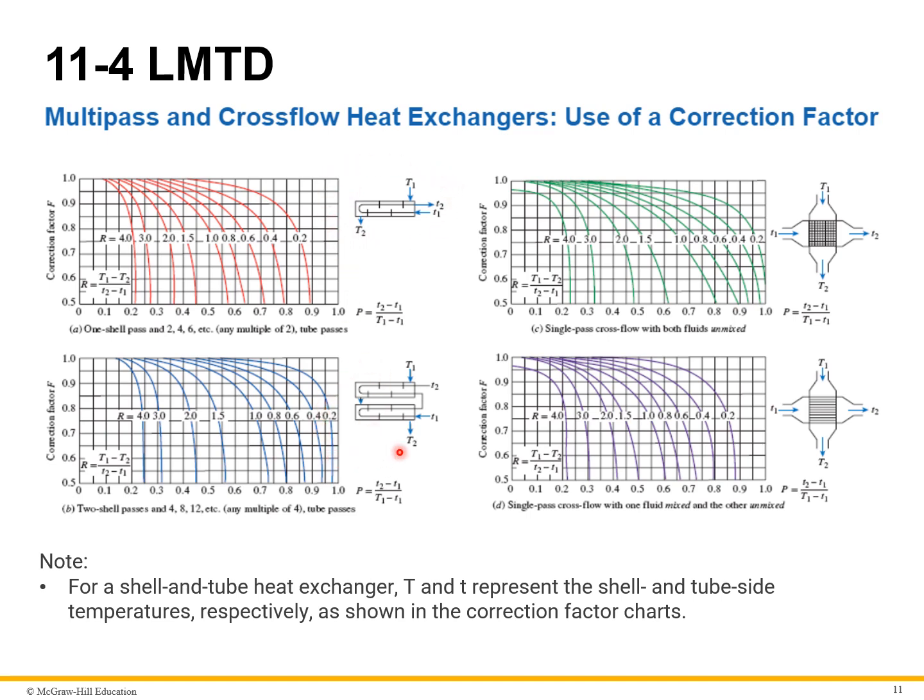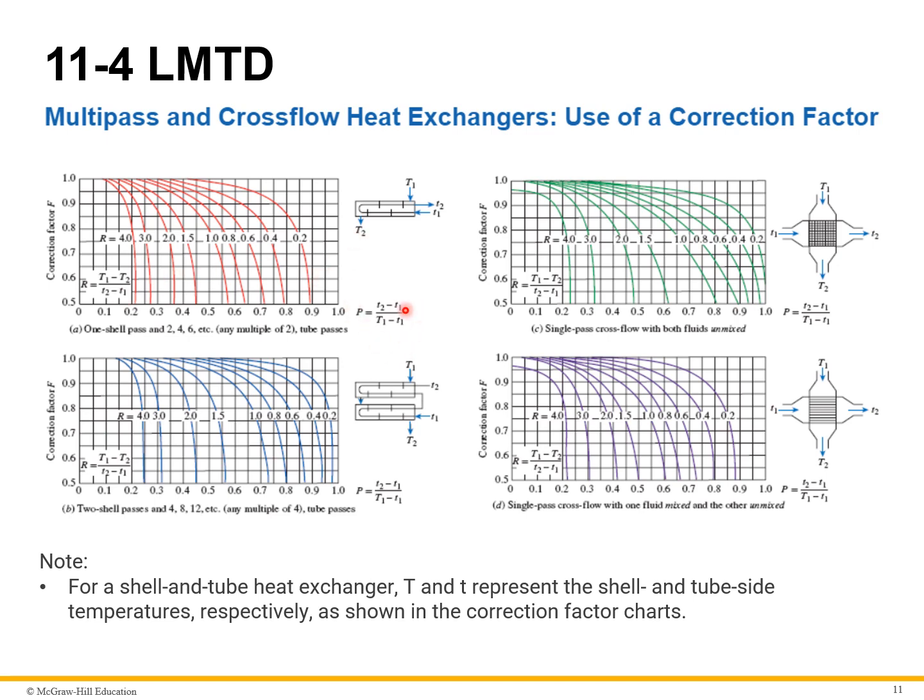Here's a two shell four pass. C is a single pass crossflow with both fluids unmixed. So here's a picture of that. And D is a single pass crossflow with one fluid mixed and the other fluid unmixed. You can see what they look like by looking at the little figures. These are defined in terms of what's called an R and a P value, as you can see.